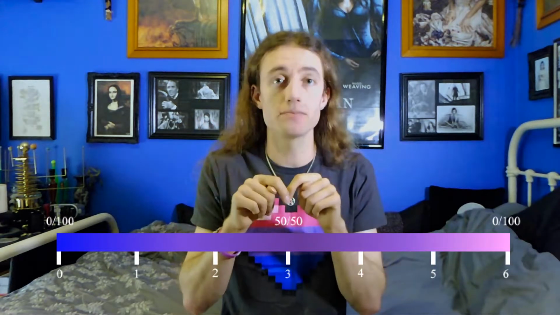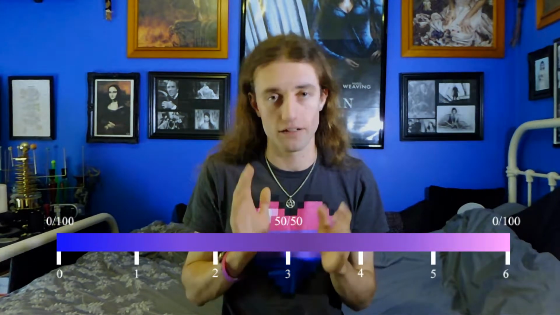And at the other end of the spectrum, you have those that are exclusively homosexual. Bang in the middle, at number 3, is pure bisexuality, being a 50-50 split between male and female attraction, or equal, same and opposite genders.